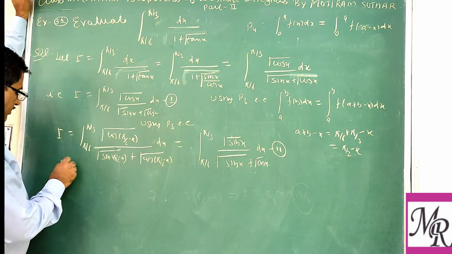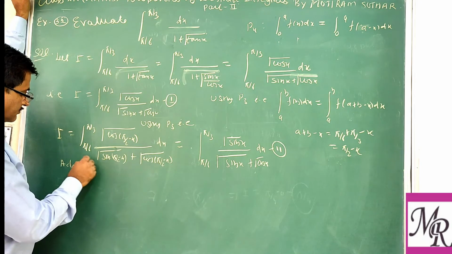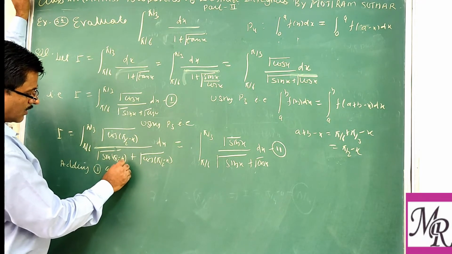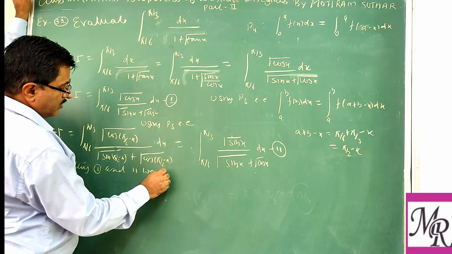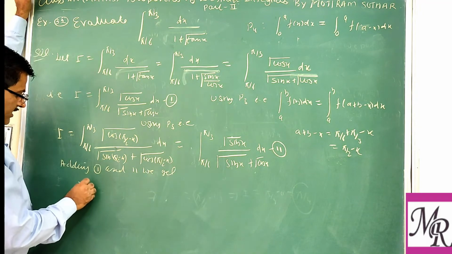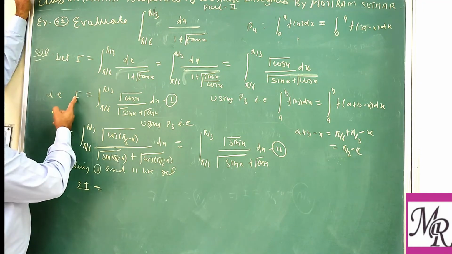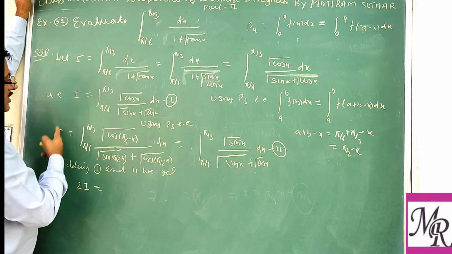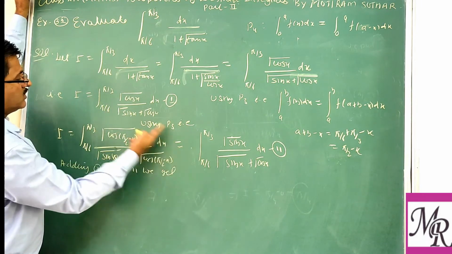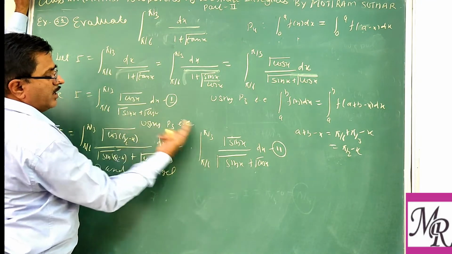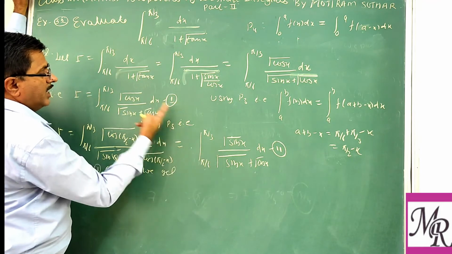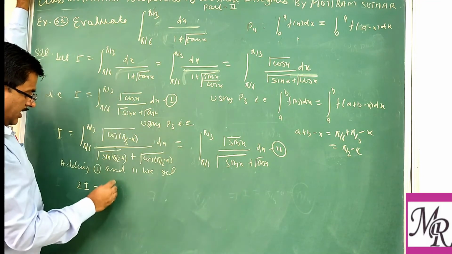So adding 1 and 2, we get, on the left side, I plus I, that is 2I. On the right-hand side both have the integral and limits, and the denominator is also the same. That's why the numerators directly add.